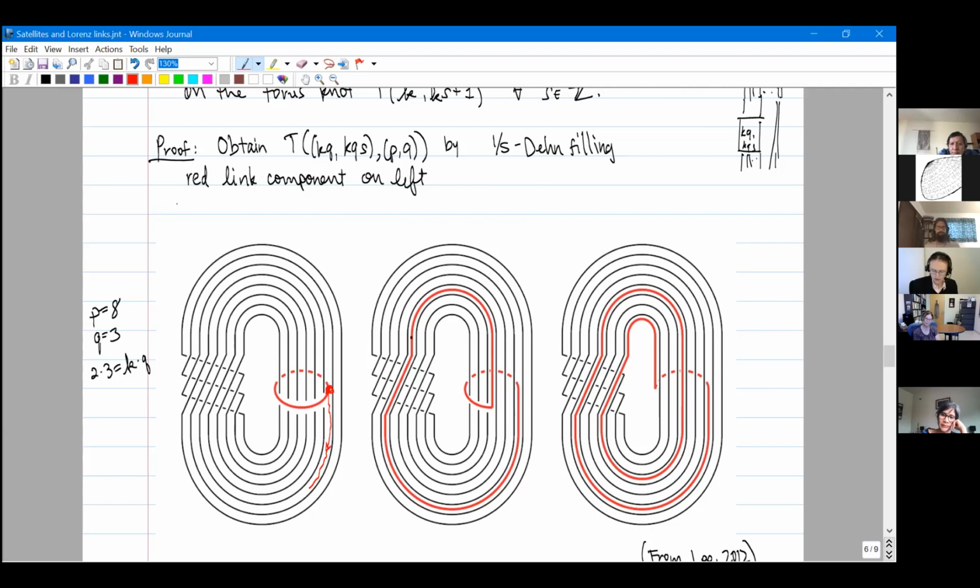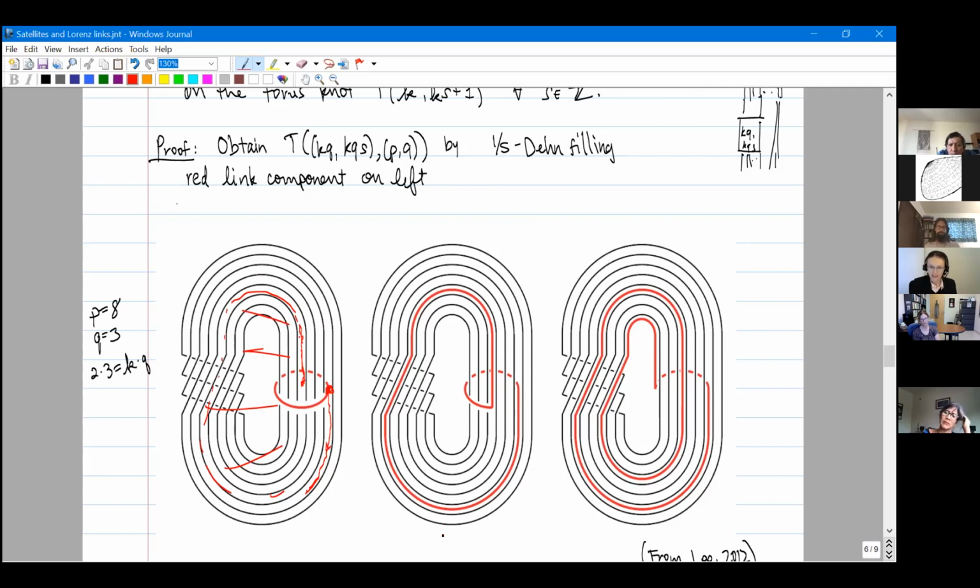But then when you do that, you can use the fact that there's a meridian of this Heegaard torus to untwist a bit of this red thing. And that's what has happened in the middle. So he dragged around a bit of the component all the way to where, S3 I guess, so it came over to here. And then he used a disc like so to untwist this whole thing and to get this link in the middle.